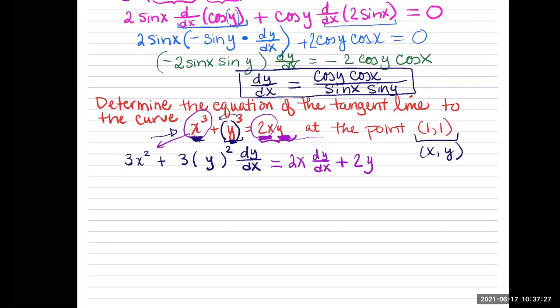And I'm going to start rearranging that, but I don't mind if you still ask a question about it. I'm going to start putting the dy dx terms on the left-hand side. And the terms without a dy dx, I'm writing on the right-hand side.